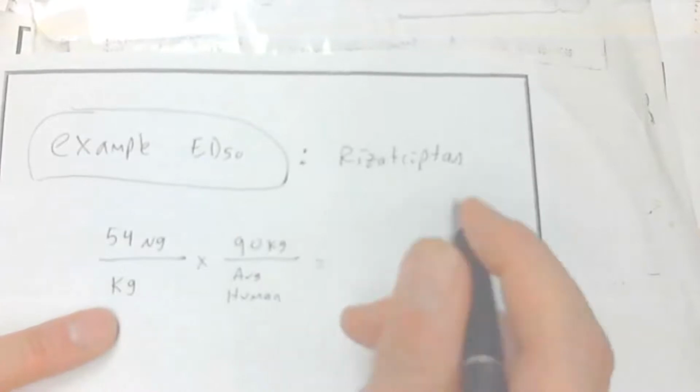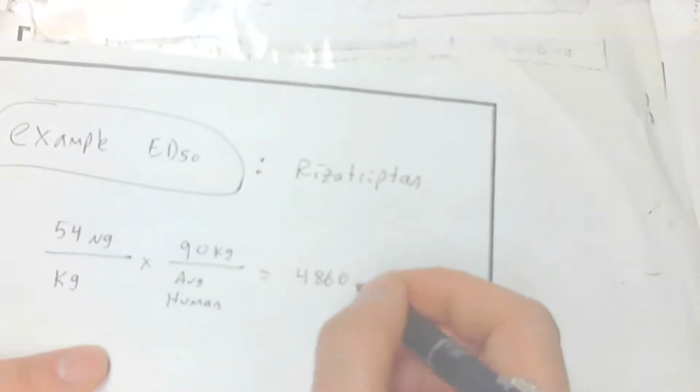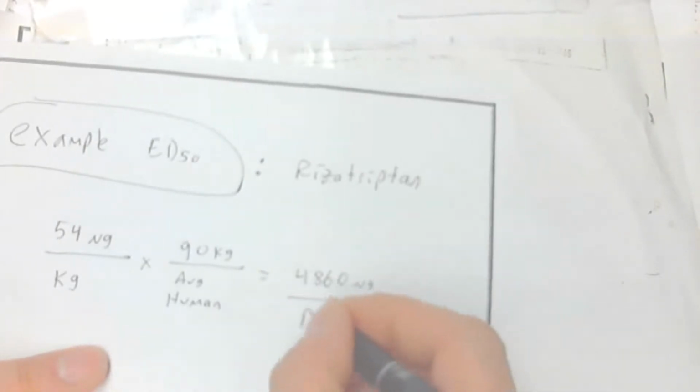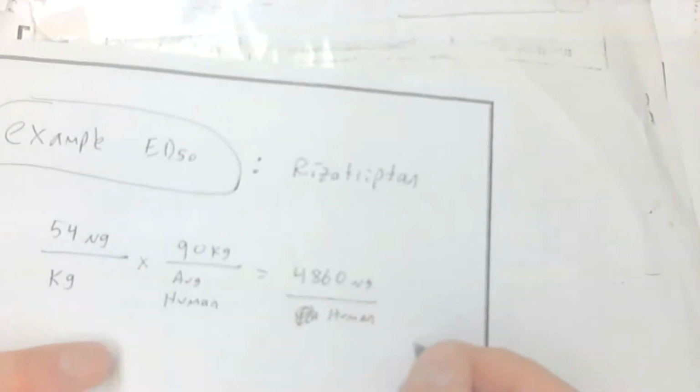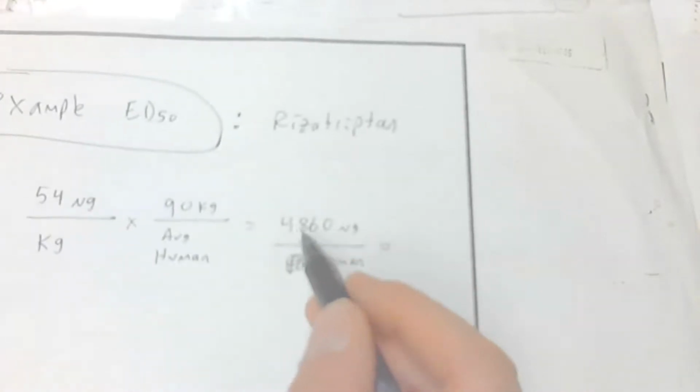Okay, so we do the math. It's at about 4860 micrograms per human. Which is how many milligrams?